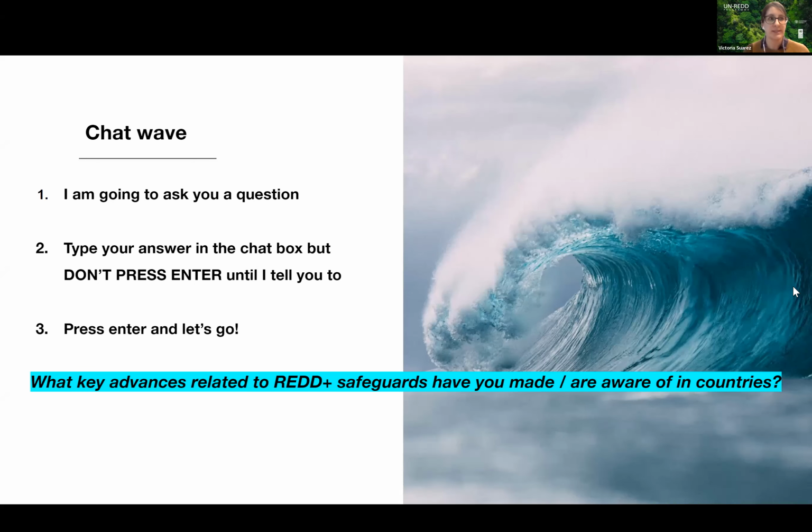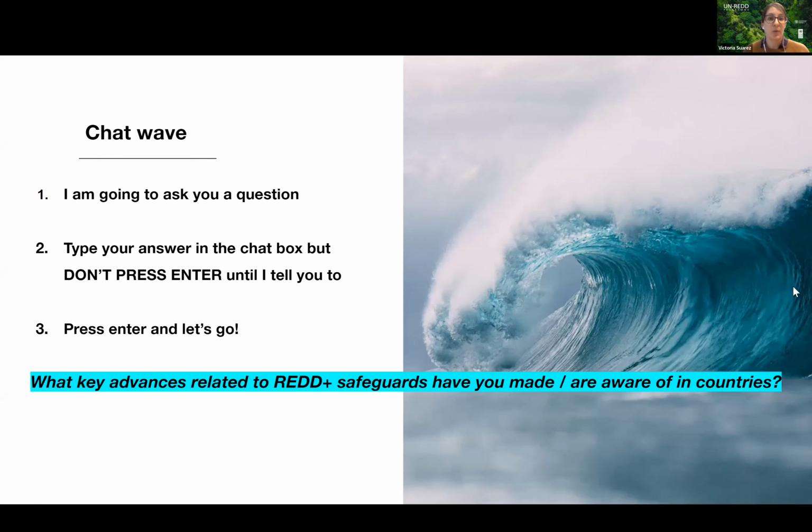We are seeing the polls now. Frameworks applicable to safeguards, architecture of safeguards information system. Thank you very much. So please keep posting any information on key advances that you're aware of or you have supported or know from countries.